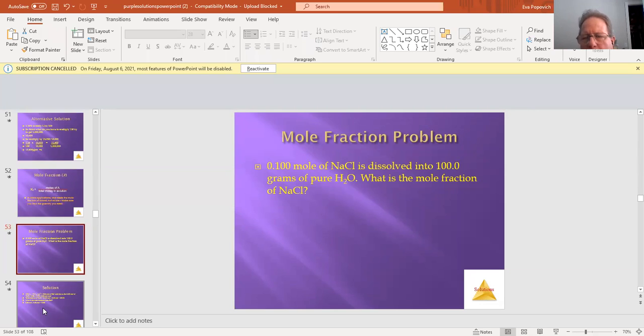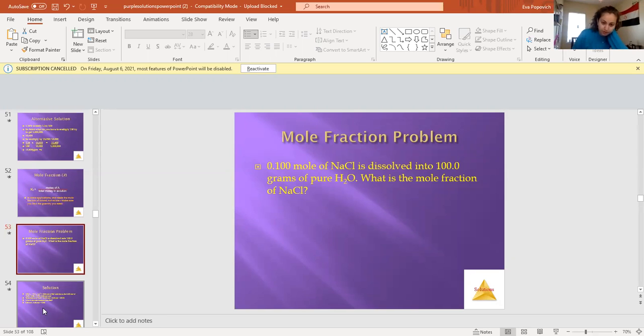Can you tell me how to do it? I don't necessarily need you to tell me the solution. Just tell me how to do it. You would divide the 0.100 mole of NaCl by 100. Is the 100 moles?